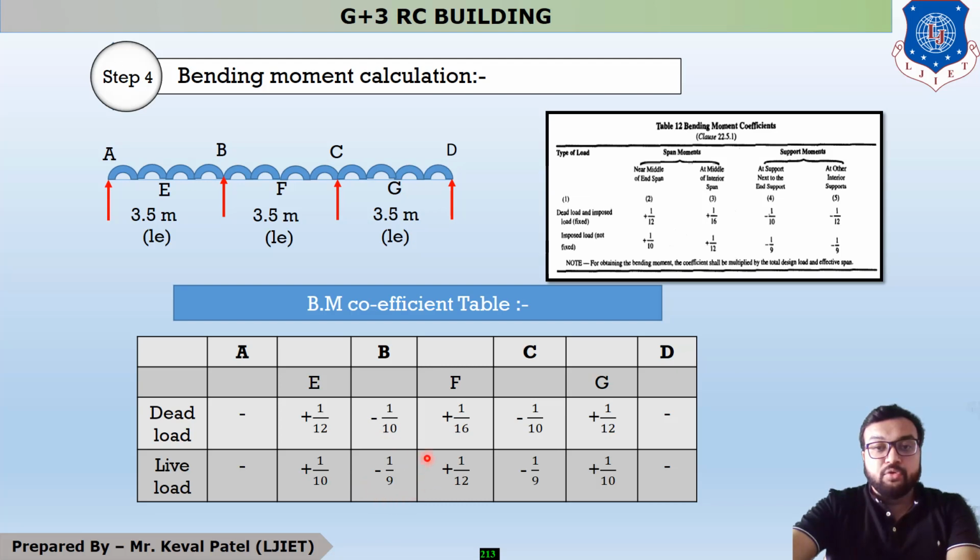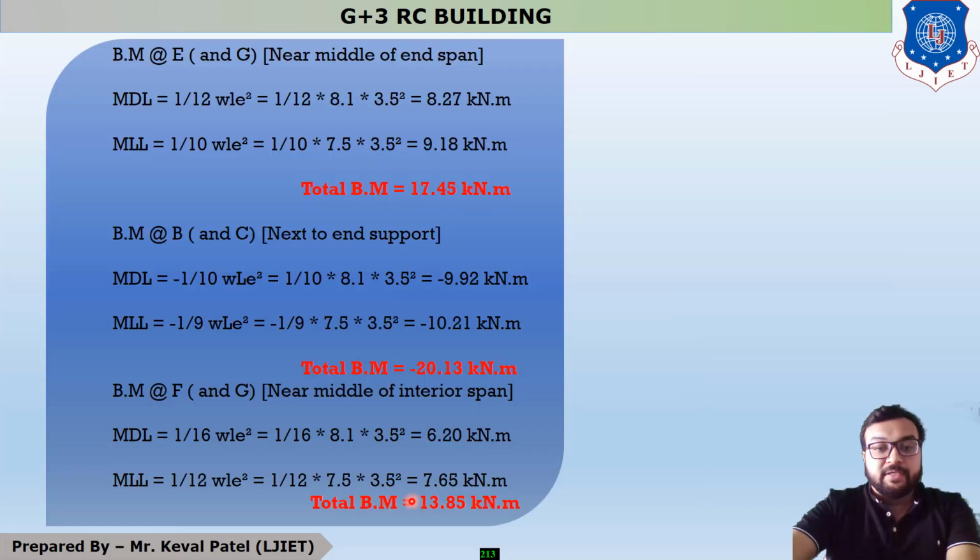And for live load, the equation is minus WL square by 9. So students, after putting in all these values, minus 1 by 10 is a constant. For dead load, the value of W is 8.1 and LE is 3.5 squared. So your answer is 9.92 kilonewton meter.